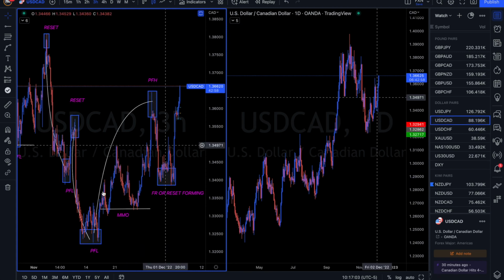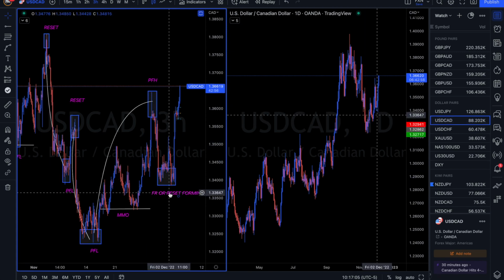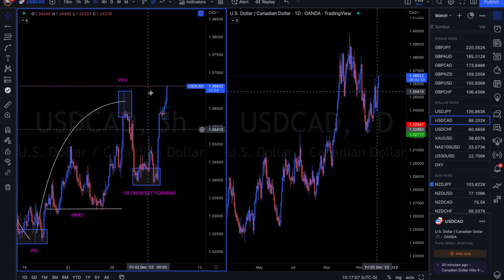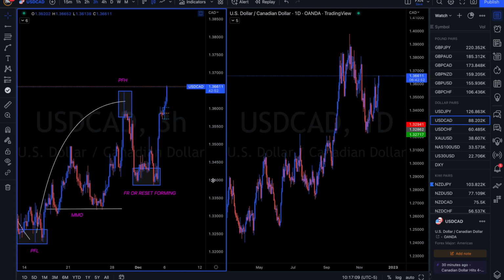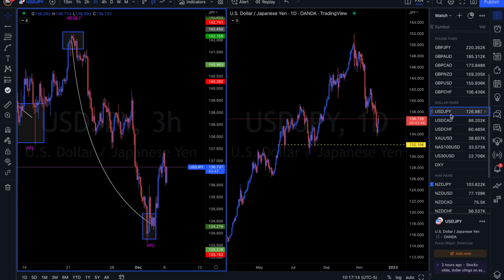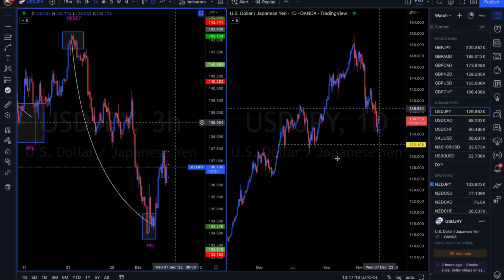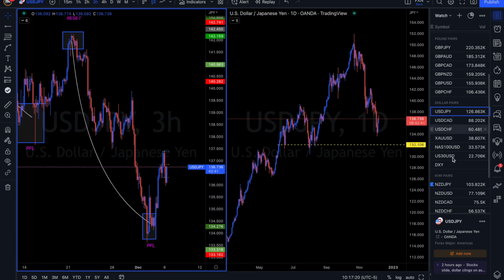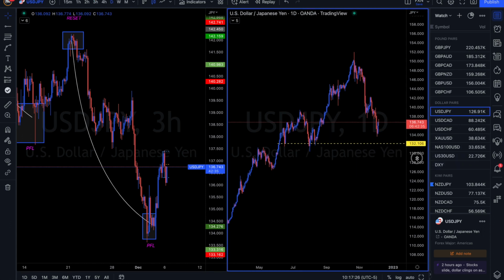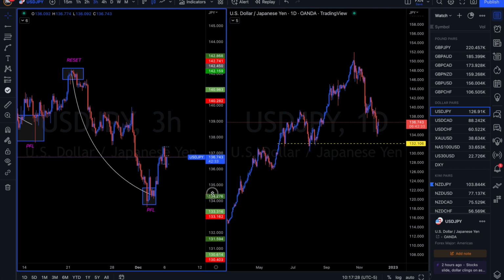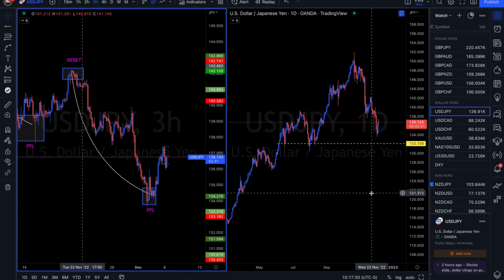You could see that USD CAD right now is about to reset as it's blowing through the previous peak formation high here. Brand new peak formation on JPY, so looking for buys. So that's what is going on right now with the USD pairs. For the meantime, until something changes, I would only be looking for buy setups.